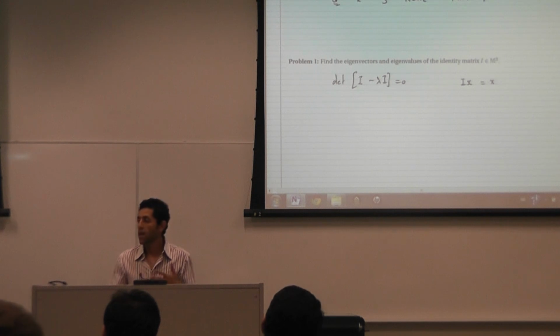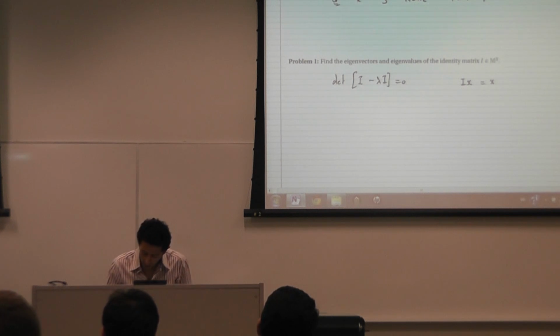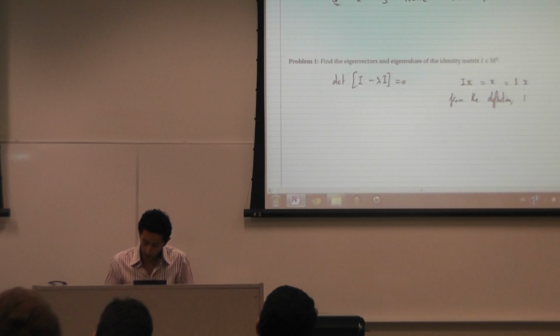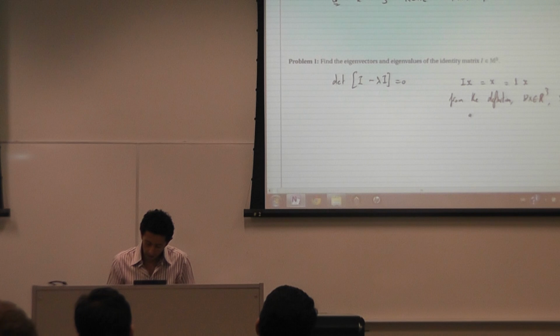Which means right away any vector is an eigenvector of I. And all these vectors are associated with lambda equal 1, because this is equal to 1 multiplied by x. So from the definition, for every x in R3, x is an eigenvector associated with lambda equal 1.